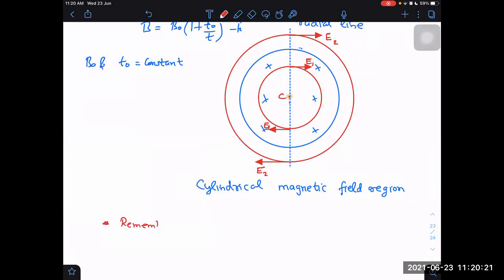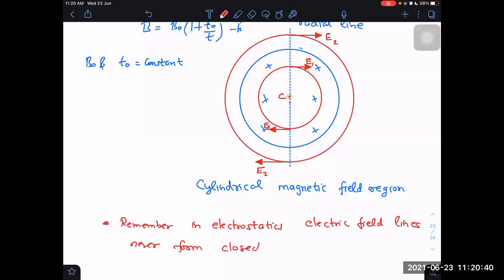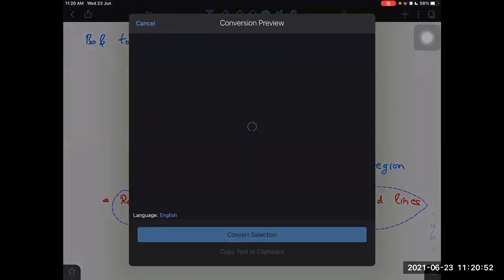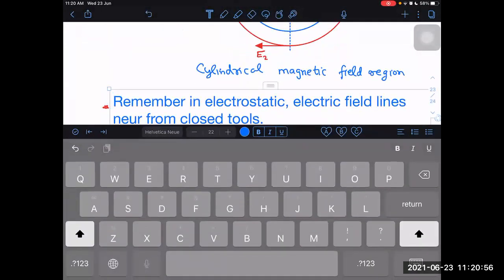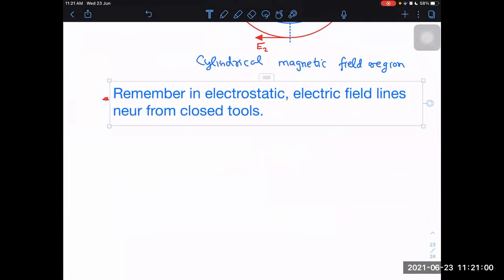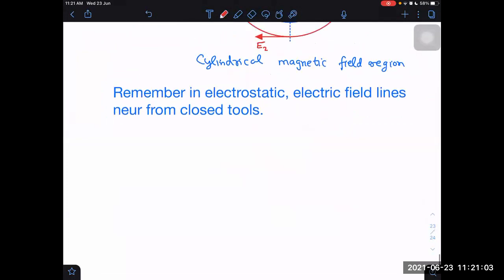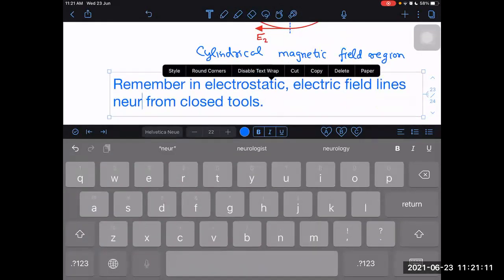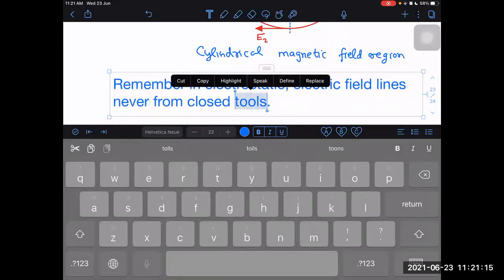Remember, in electrostatics, electric field lines never form closed loops, and the electric field is conservative also.